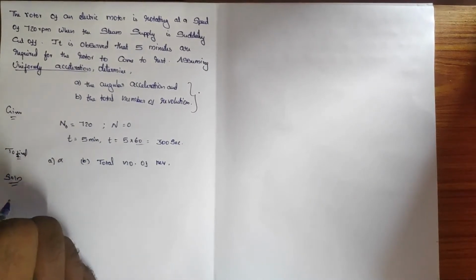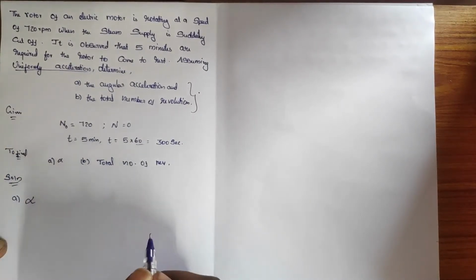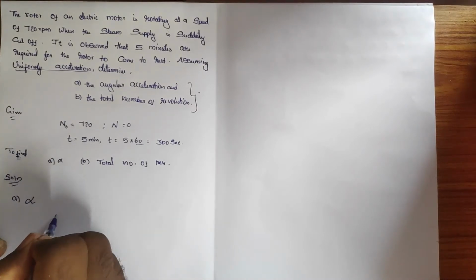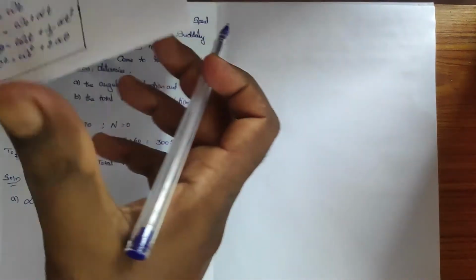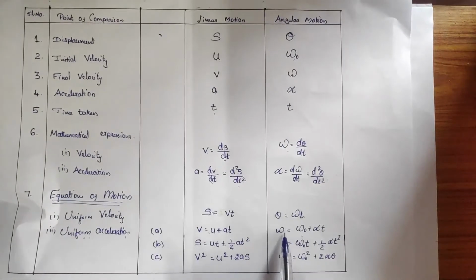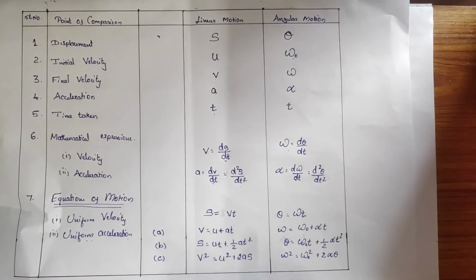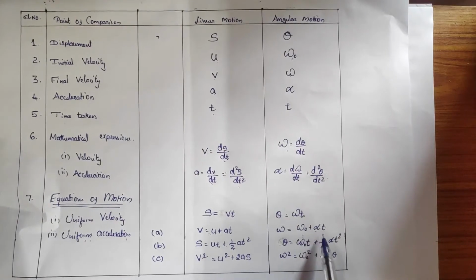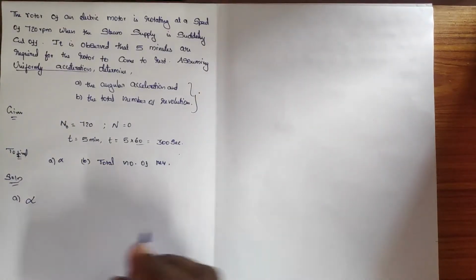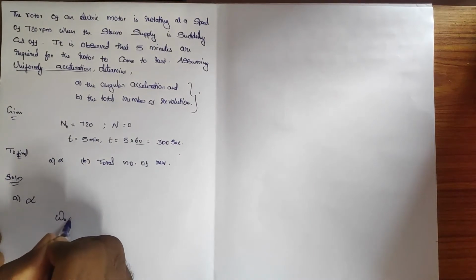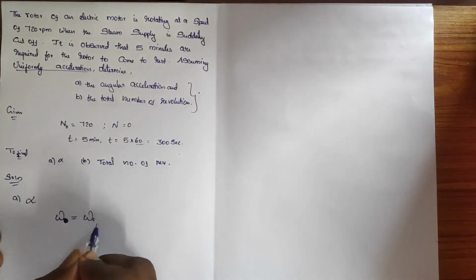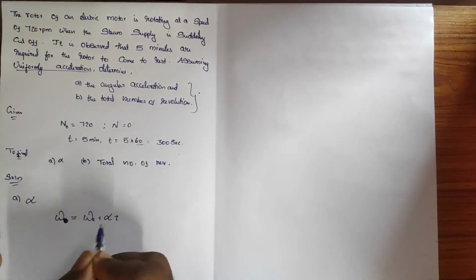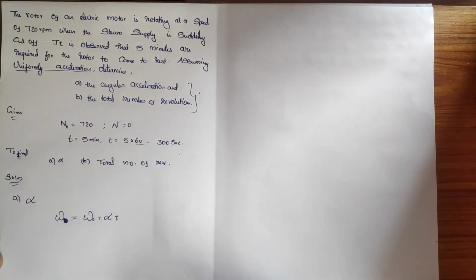In the solution part, to identify the first one, alpha, the angular acceleration, I take that it is a uniform acceleration. So we know the uniform acceleration formula, which is omega equal to omega naught plus alpha t. From this I am going to find alpha.